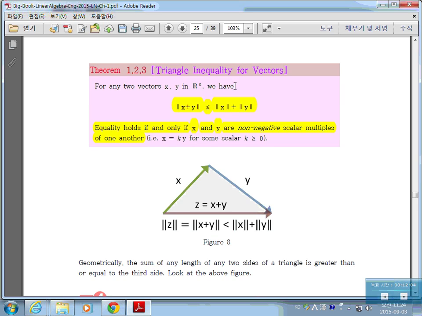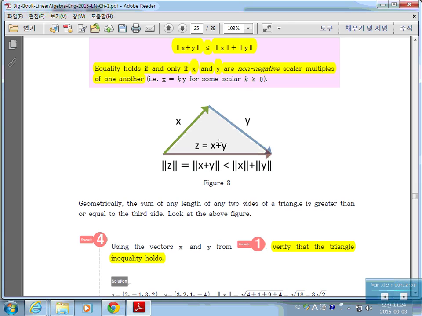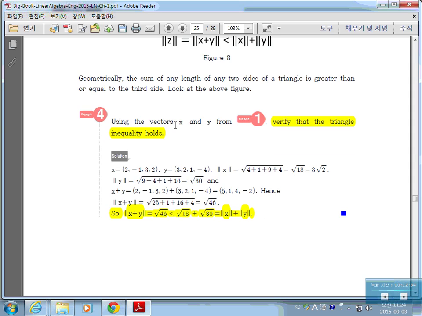This is the triangle inequality for vectors, as you see. The norm of x plus y is less than or equal to norm of x plus norm of y. Equality holds if and only if x and y are non-negative scalar multiples of one another. The proof of this one just directly comes from the Cauchy-Schwarz inequality, as you already know. Okay, we just check whether those two inequalities are true or not. Verify the triangle inequalities.